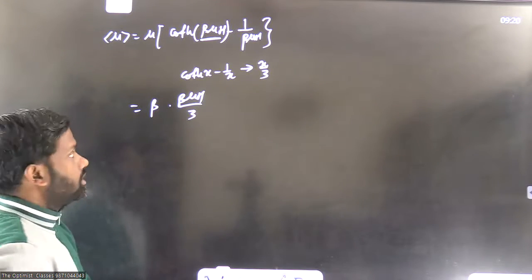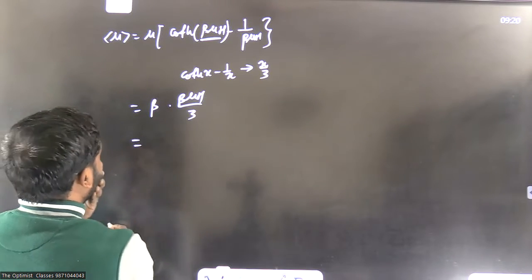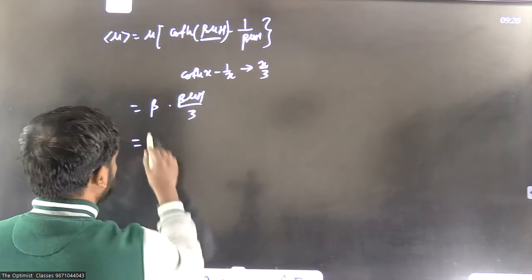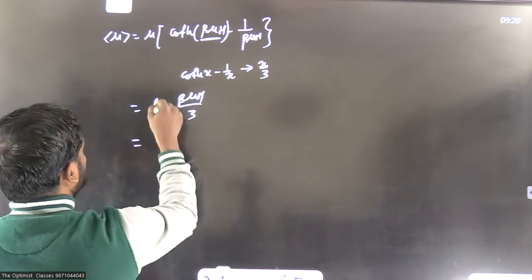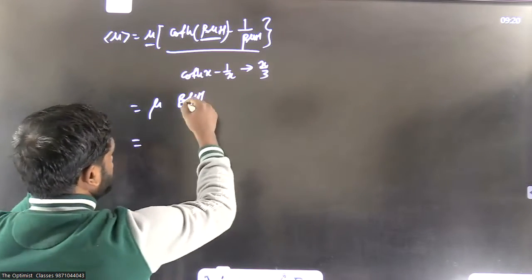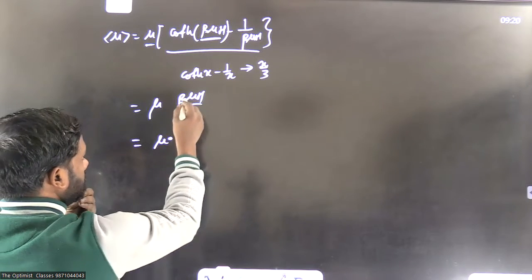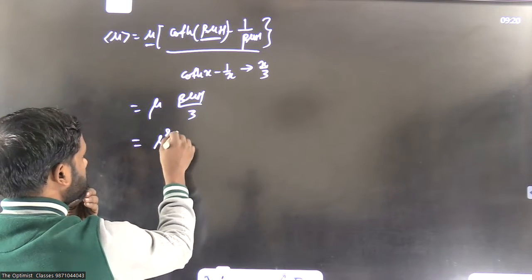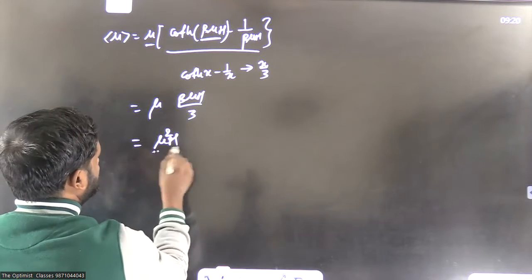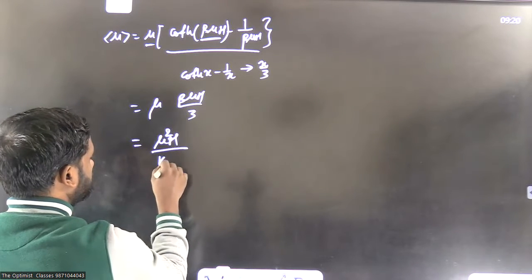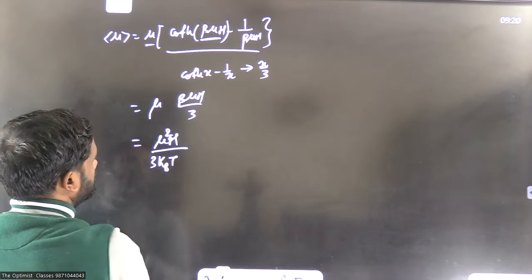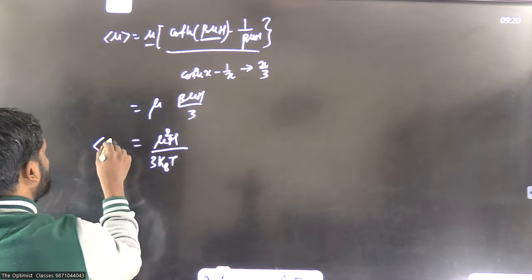Oh sorry, there was a mu here, so this is mu, and its approximation gives beta mu h by 3. So mu and mu become mu square and h, and beta is 1 by kbT, so we write kbT and 3. That's what we get for the expectation value of mu.